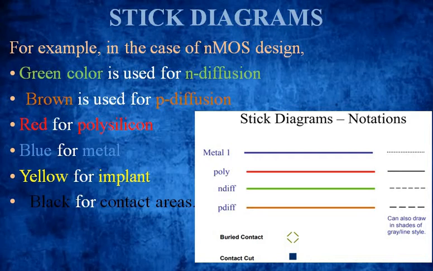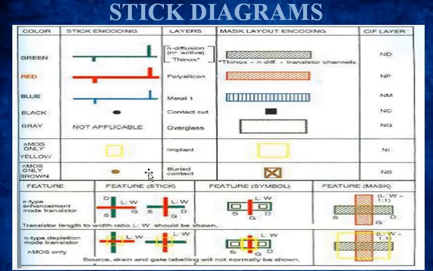I am taking an example of your CMOS. First we'll see green for N diffusion, red for polysilicon, blue for metals, black for contact cuts, and grey for the overglass, which is usually not applicable, and this is the mask layout. As I have told, there is one more figure or encoding process.